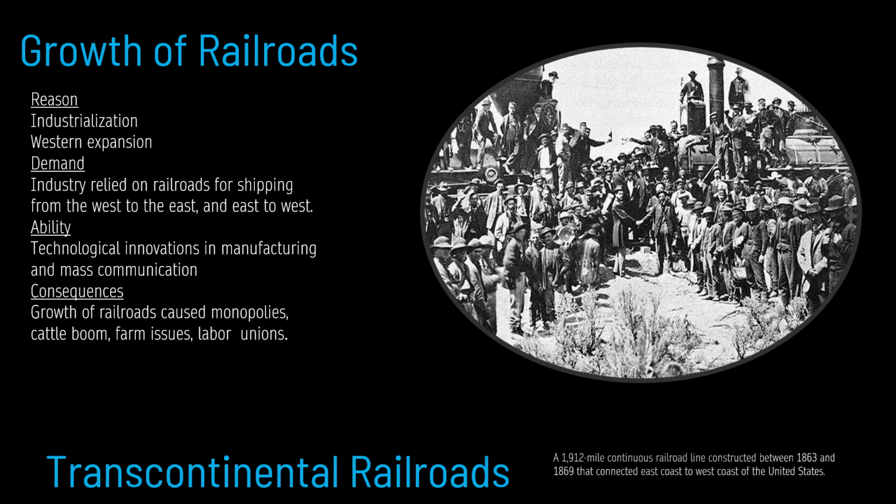So to do all of that, we need to connect the east and the west, which we're going to connect through the railways. All right, so we have to have reliable transportation.